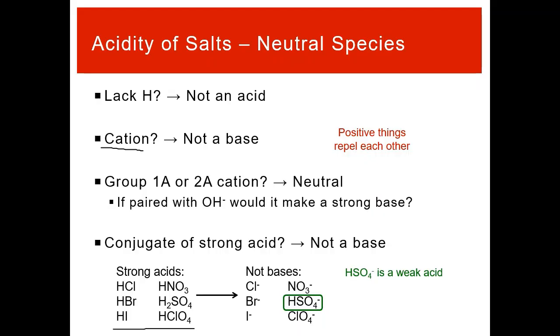The rest of the things on this list are all neutral. So these other 5 things are all neutral because they're all anions. They have no hydrogen, so they can't be acids, and they're not bases. But HSO4- is a weak acid. So we do want to be careful. That's a tricky one where that is a weak acid. It is not neutral. It's not a base, though, like most anions are. Most anions are weak bases.